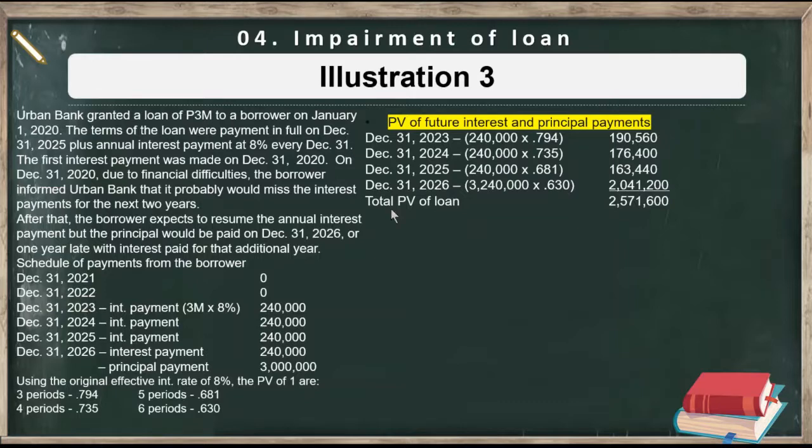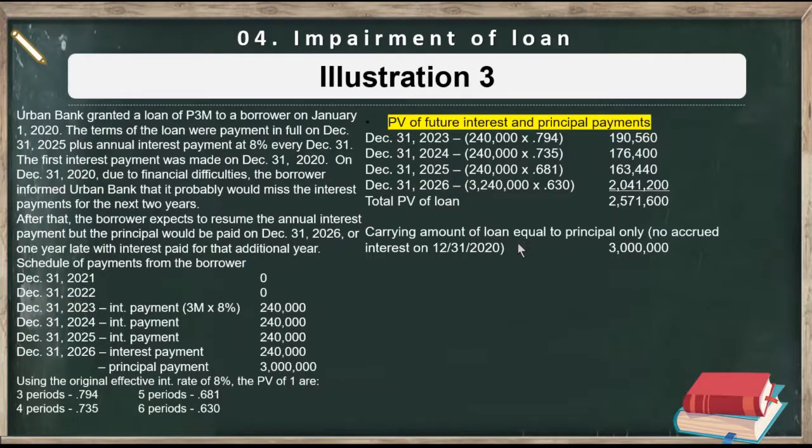Okay? So this is now the total present value of the loan. Remember the formula to get the impairment. That would be the difference between the carrying amount of the loan and the present value of the loan. So the carrying amount of the loan is equal to the principal payment only, and there's no accrued interest on December 31, 2020.